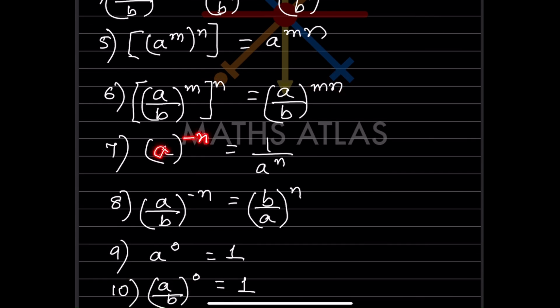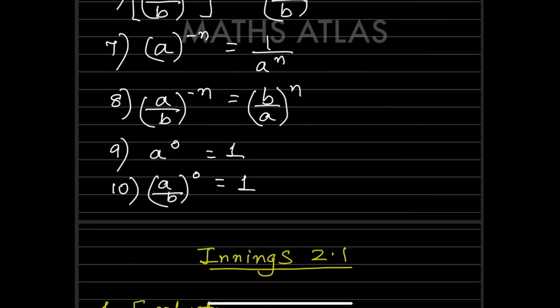Whenever there is a negative index you have to make it positive, so that is going to be the reciprocal: 1 over a raised to n, so this goes in the denominator and becomes positive. Same here, but this is a fraction, so it will flip over: b goes in the numerator and a in the denominator, so that will be b by a raised to n.